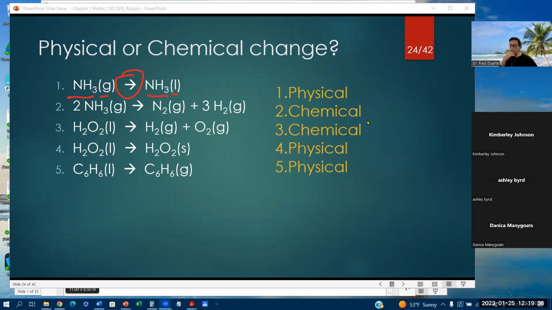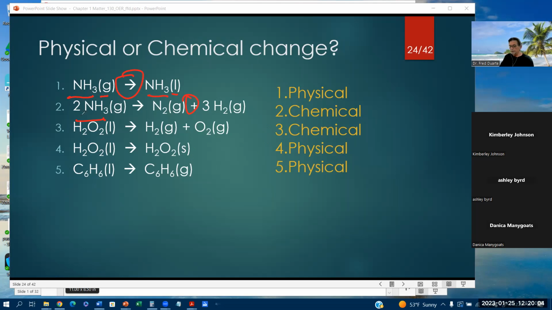If we look at number two, which is ammonia again, the difference this time is that on the product side we have a plus symbol, which tells us there is more than one product. That means that ammonia, NH3, was broken down to its elements of nitrogen and hydrogen.